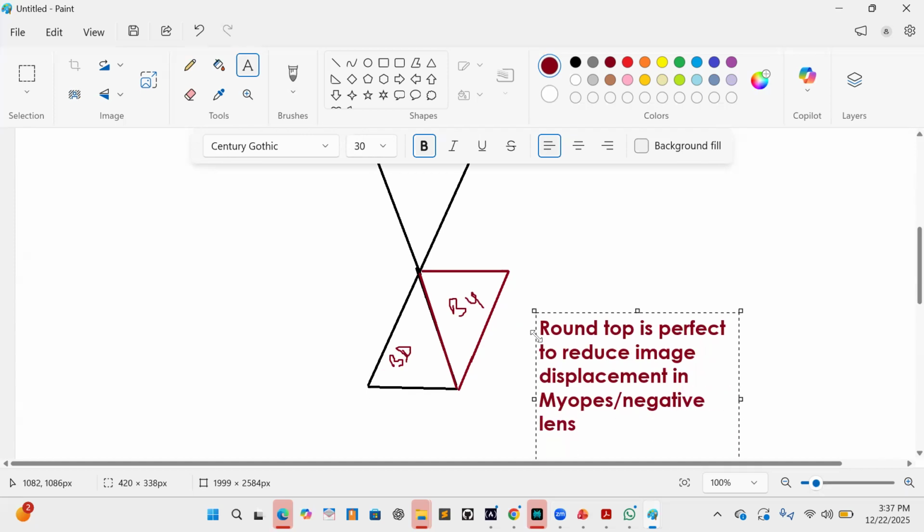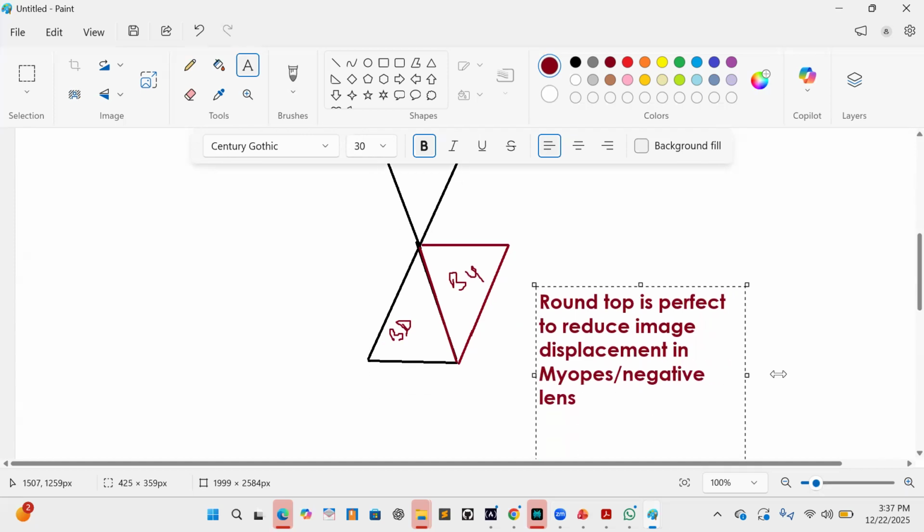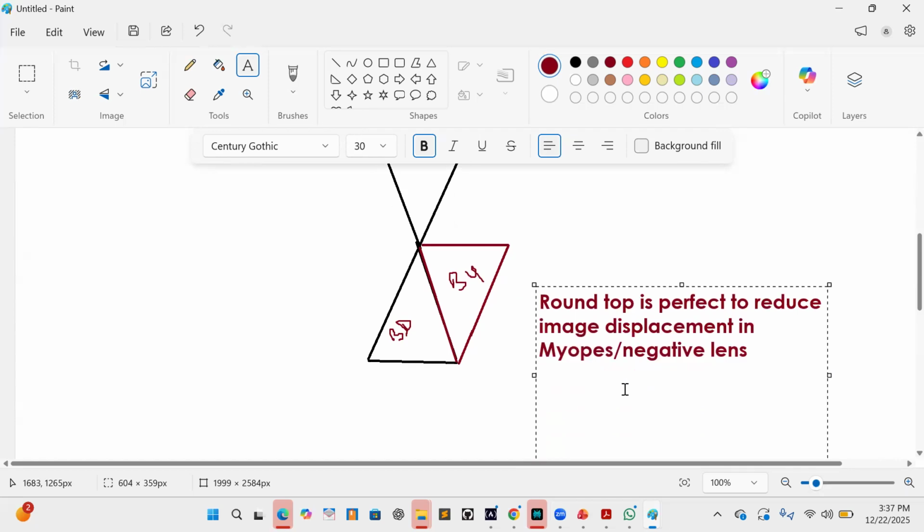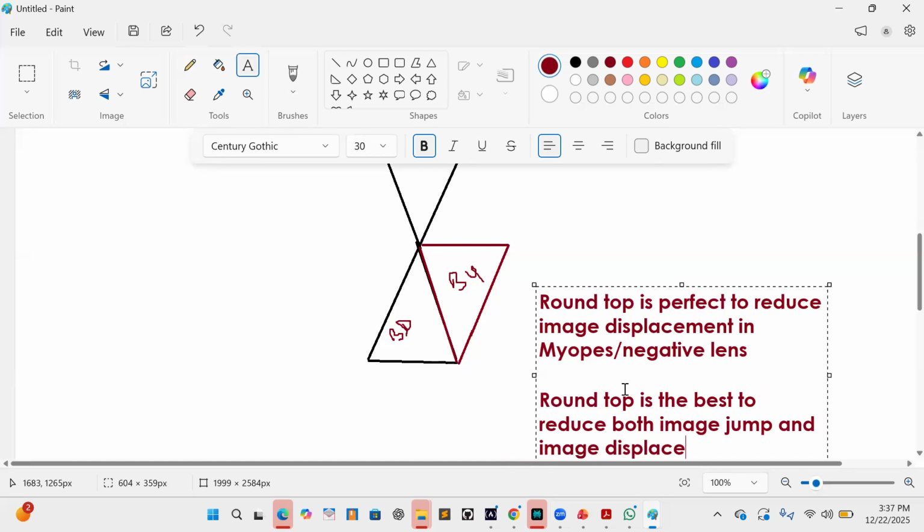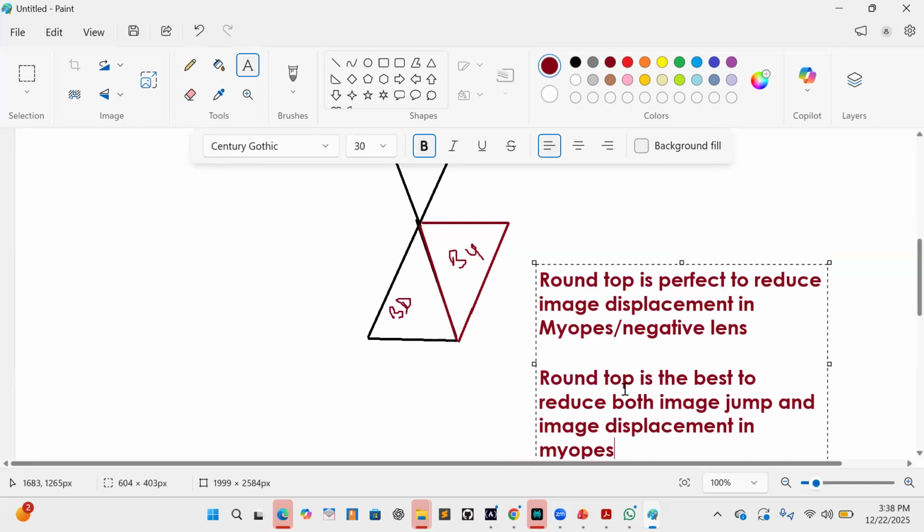And so you remember in image jump, flat top is actually good. So that means the sum is that flat top is good, or is the best, to reduce both image jump and image displacement in minus or negative lenses.